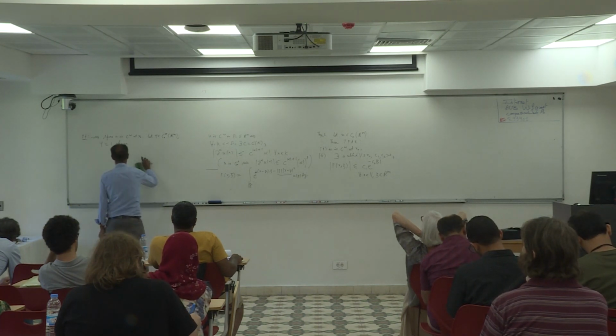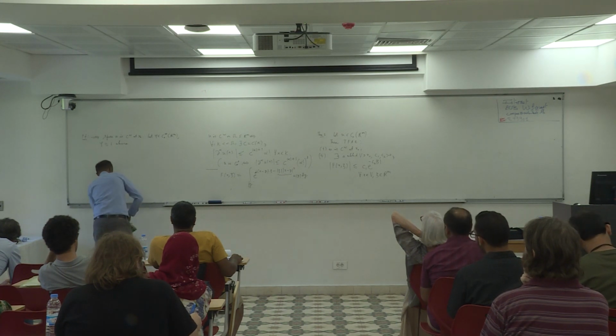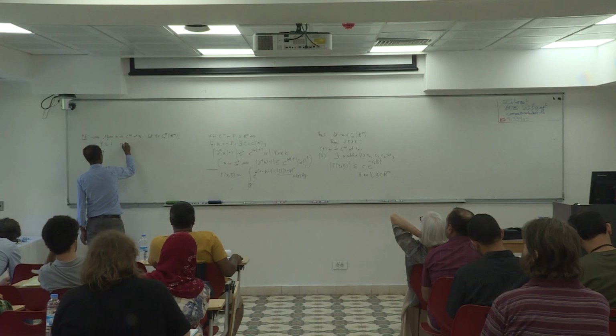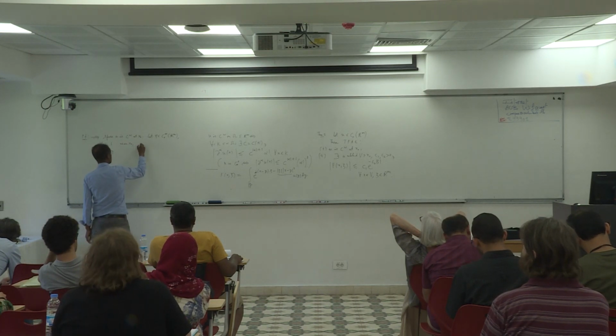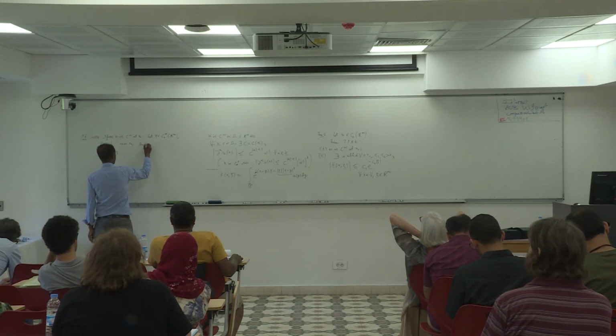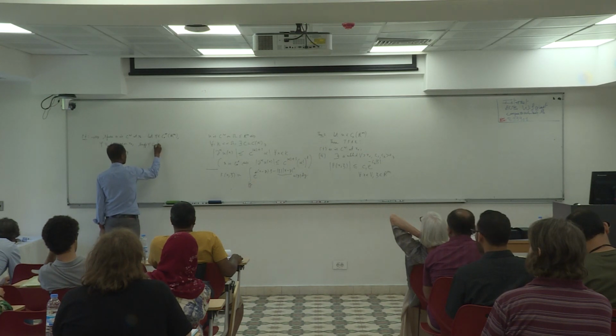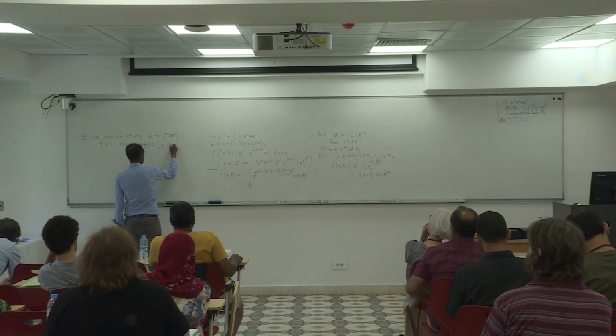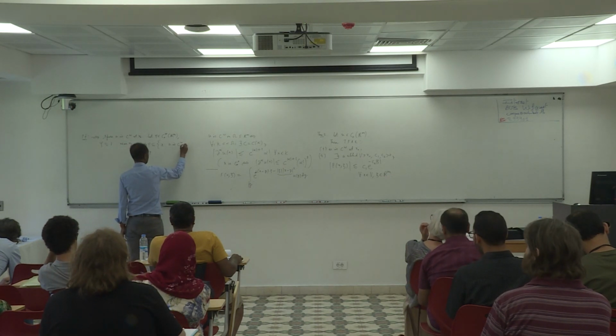So phi is 1 near x naught, and I want phi to be supported inside the set of x where u is real analytic at x.